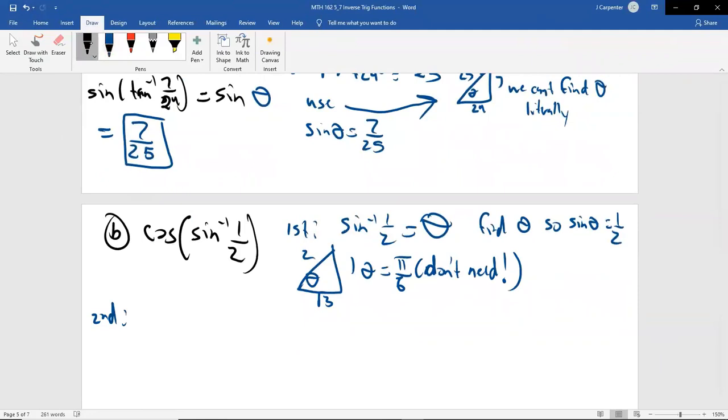When we're doing the cosine of what I've called theta, I don't even need this. I can completely ignore the fact that it's pi over 6, and I could just go, oh, well, cosine is the adjacent over the hypotenuse, so it's square root of 3 over 2. I didn't need to know that it was pi over 6 this time. It's very rare you don't need to know that.